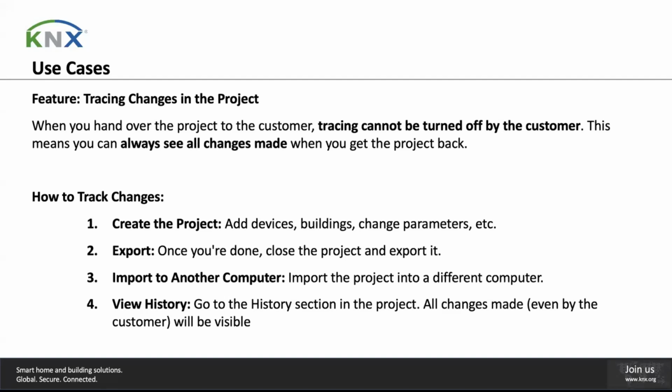So that's really useful for checking what's been done. Has anything untoward been done? Has anything unwarranted been done, or something that's not going to be covered now by your support or whatever else it might be? You can use the project tracing feature to track these changes.